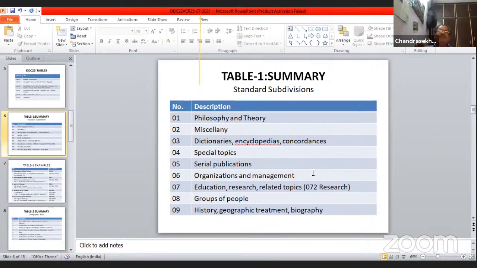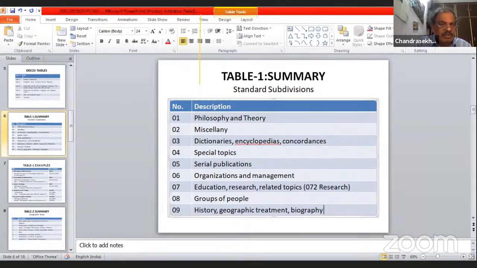Individual biography is 094. So we attach that. Note down 092, biography, so that you remember it, as it commonly occurs.